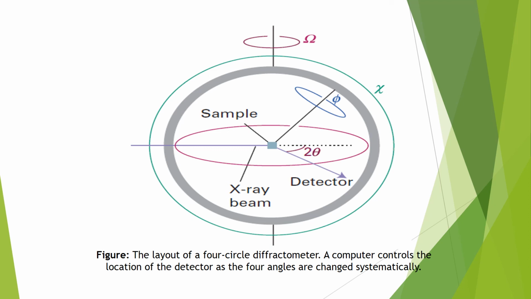Here we can see the four circles in which the sample is present, the X-ray beam is used, and a detector is used to detect the scattered beam after striking the single crystal.